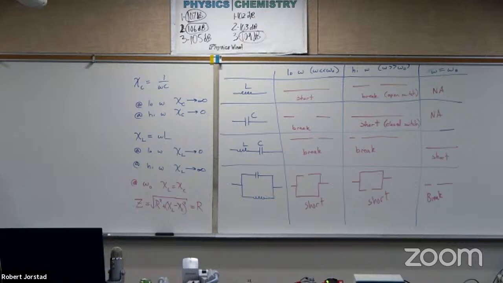So that means the current through our load is small. It's effectively 0. Now there's still current through the entire circuit, but just none through the load resistor. It's short circuited, right?